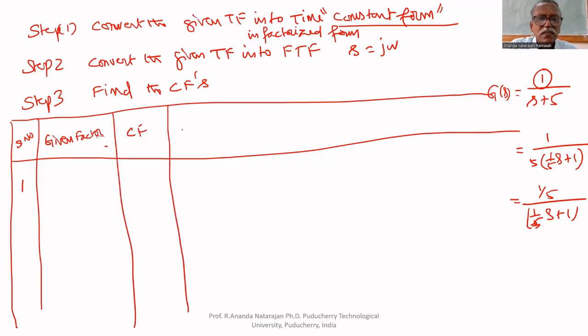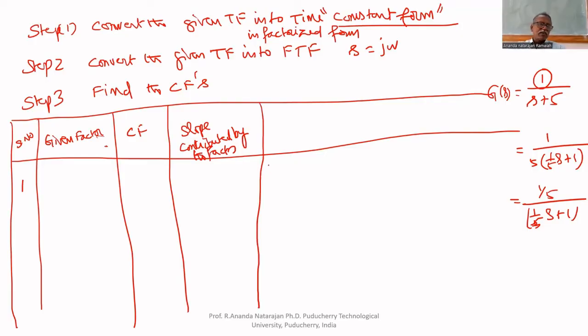The third one is the slope contributed by the factor. I will explain what that is: the slope contributed by the given factor. In this case, the factor is 1 by 5 s plus 1. That is the given factor.